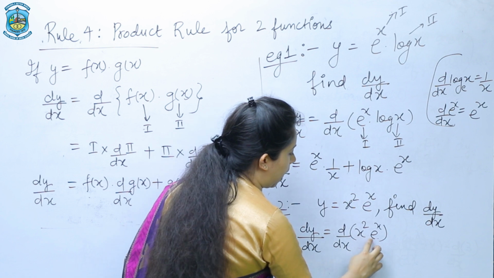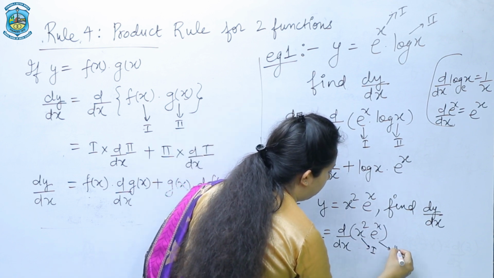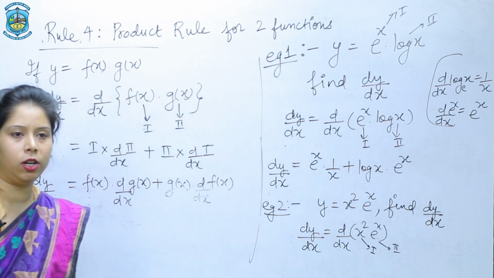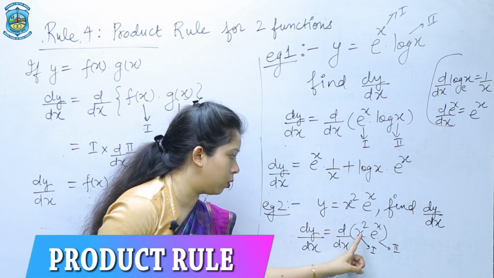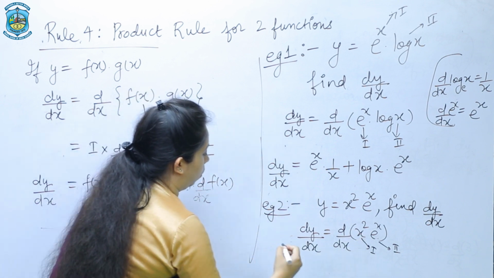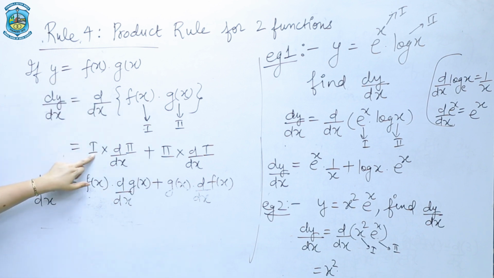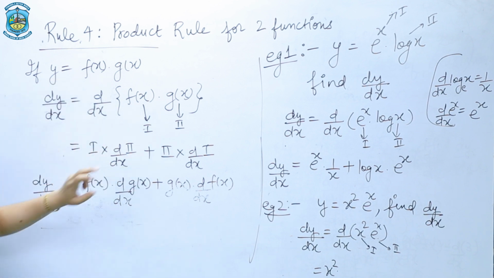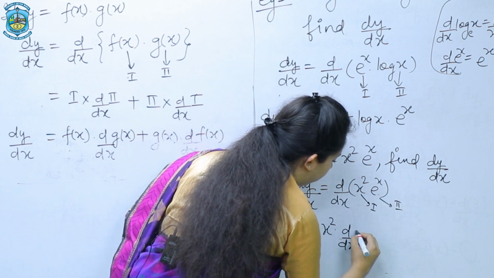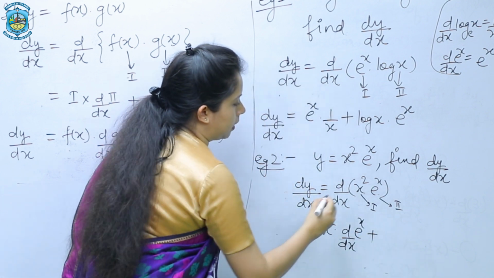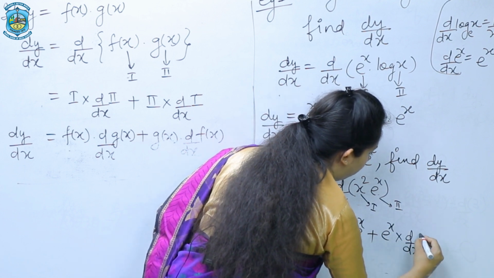Consider any one of them as the first function. So this is the first function for me and second function is the exponential function. Now we will apply the product rule since we are having product of two functions. So the first function will be kept as it is, multiplied by the derivative of the second, plus second function as it is multiplied by the derivative of first.